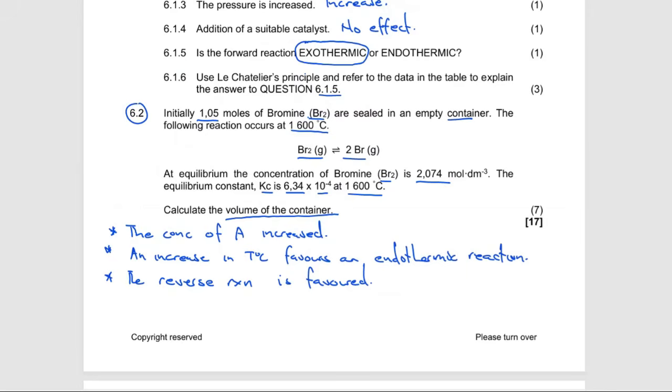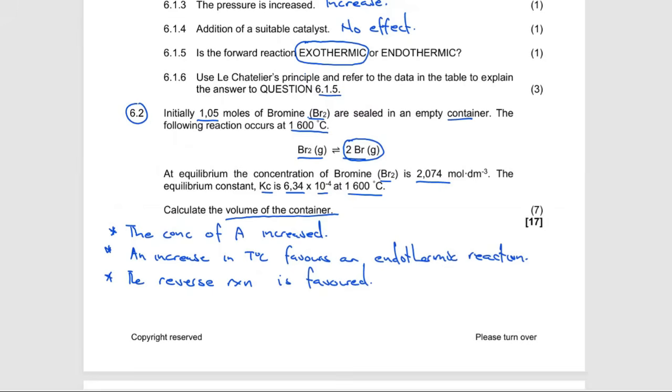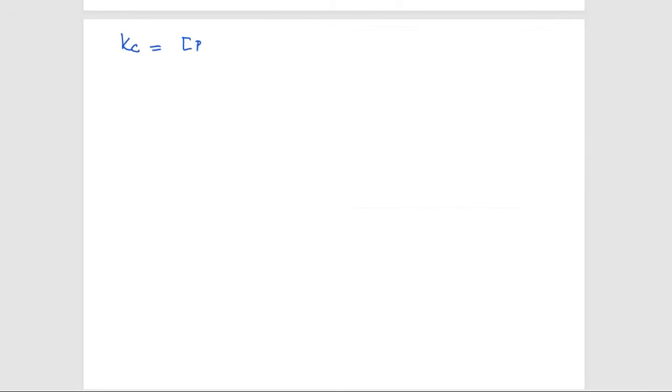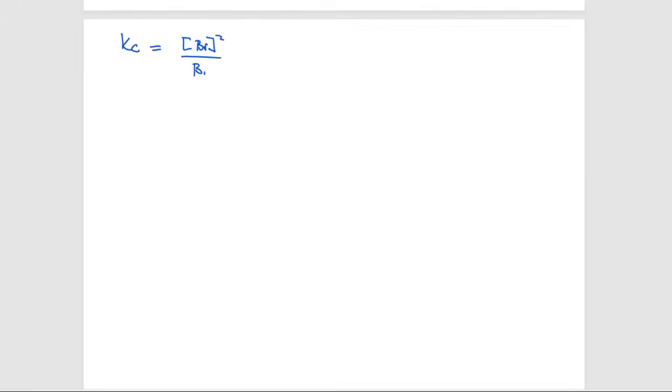Kc is equivalent to the concentration of our products over the concentration of our reactants. Our product is 2Br, so it's the concentration of Br squared, all over the concentration of our reactant Br2. So this is how our Kc expression looks.